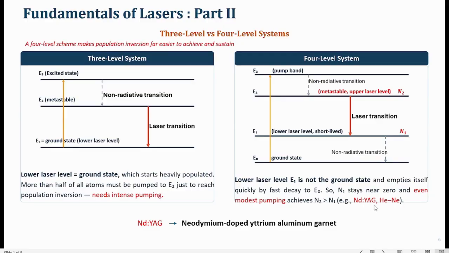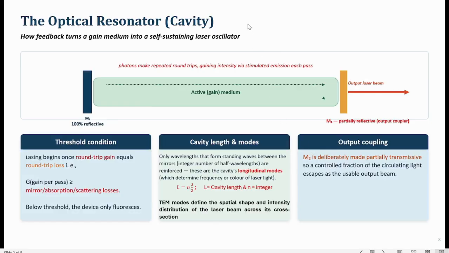One example is the Nd:YAG laser, and another example is the helium neon gas laser. Nd:YAG represents neodymium doped yttrium aluminium garnet. Now here, as we know, there are 3 important components of a laser. The first important component is the active or gain medium, whose atoms are to be raised to the higher level so as to return back to lower energy levels for laser emission.